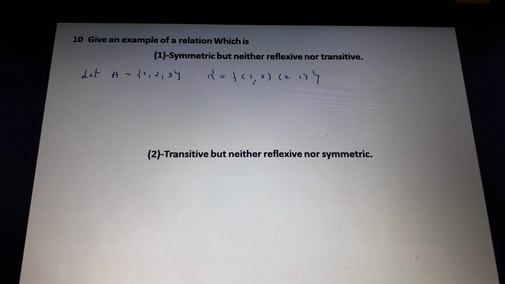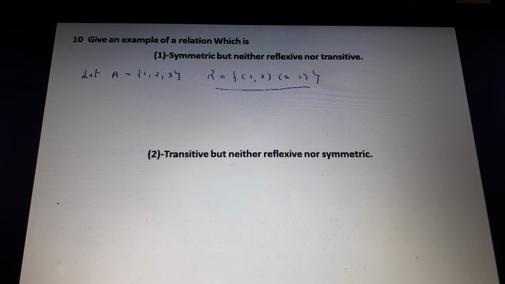Actually if it is transitive, (1, 1) should be there. Similarly (2, 1) is there, (1, 2) is there, (2, 2) should be there. So definitely it is not there. Therefore this is an example which shows R is symmetric but neither reflexive nor transitive. It is just giving an example, therefore I need not explain, but as a student you should know how it is symmetric, why it is not reflexive, etc.